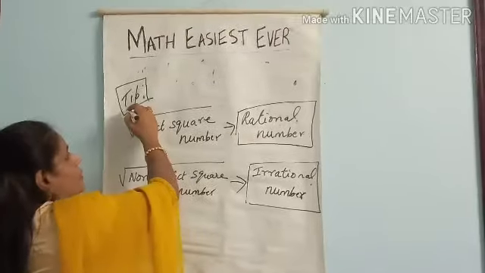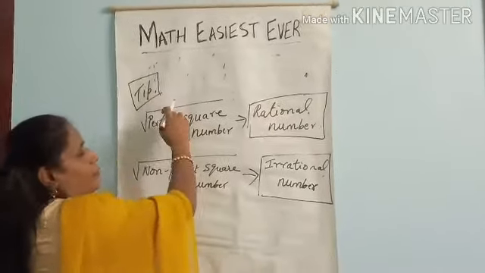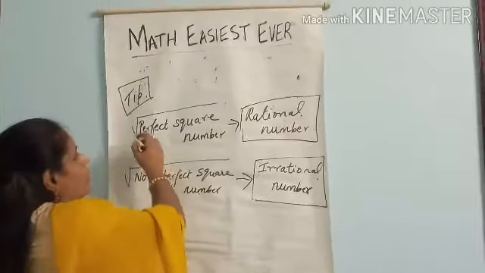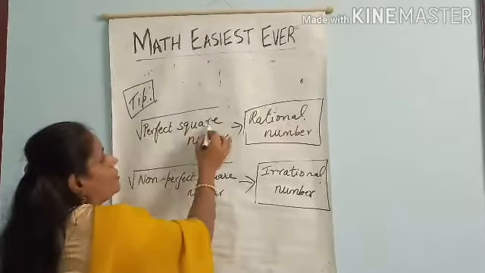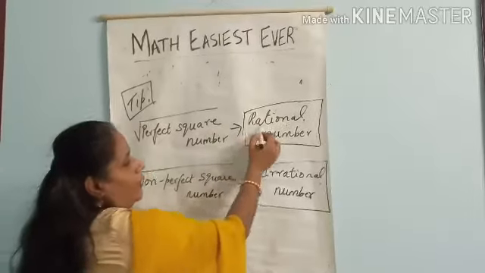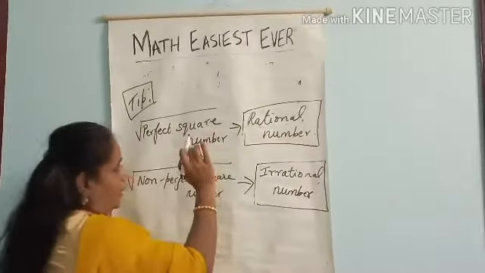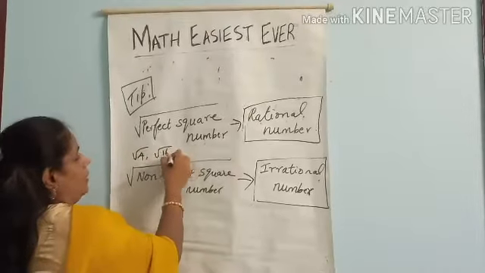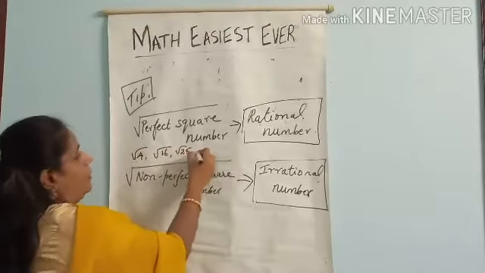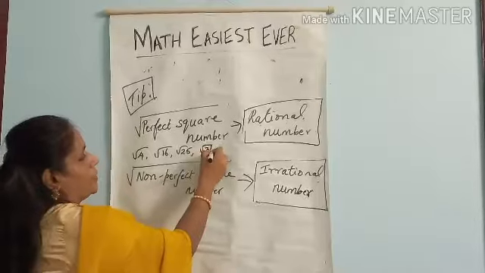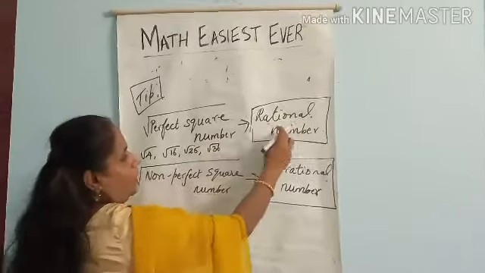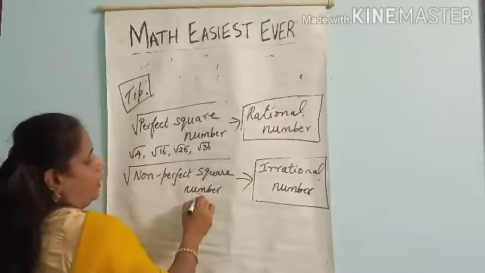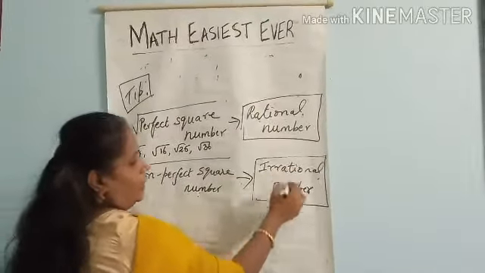So students, here is a tip for you to differentiate between rational and irrational numbers. Square roots of perfect square numbers are rational numbers. So square root of 4, square root of 16, square root of 25, square root of 36, these are all rational numbers. And square roots of non-perfect square numbers are irrational numbers.